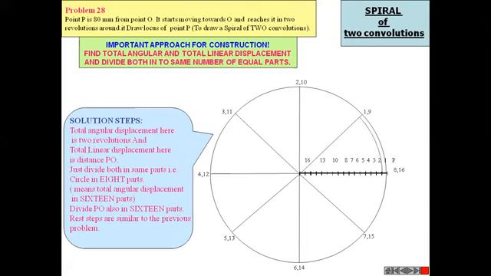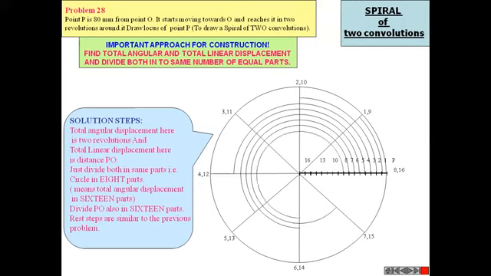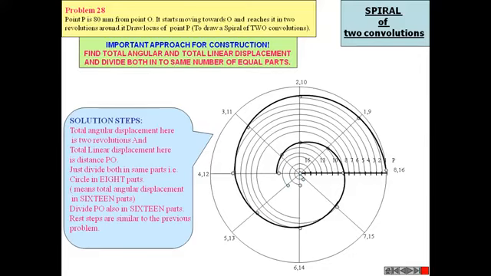First, take O point to 1 point, draw one arc. Then O to 2 taken in a compass, draw another arc. Same for 3, 4 up to 16. And then we get the different points from 1 to 16. And this is the 2 convolution we are getting, to complete the spiral of 2 convolutions.